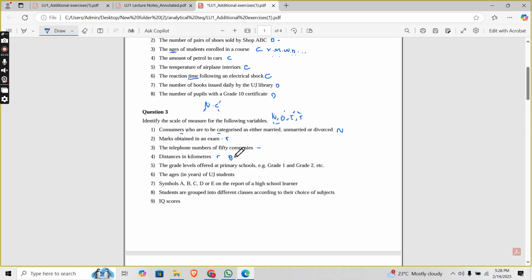The third reason is that the ratios are meaningful, which means 20 kilometers is twice as much as 10 kilometers. So that's the reasoning behind my answer, ratio scale.